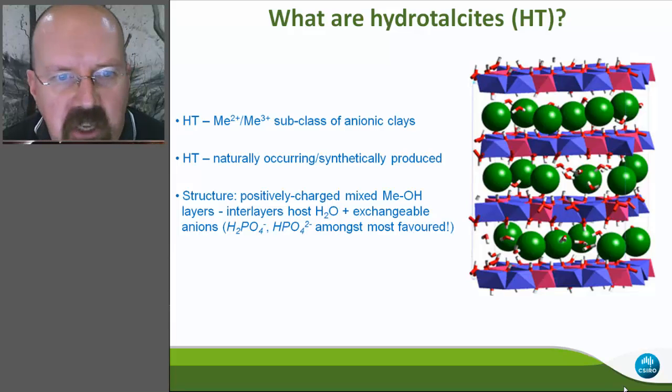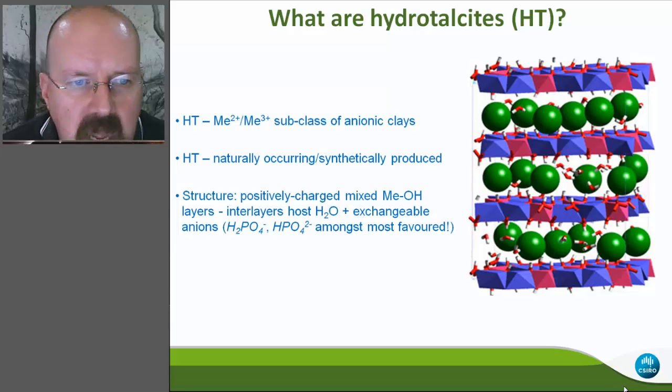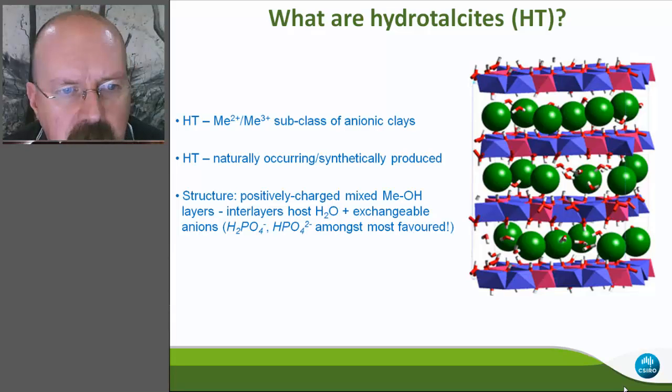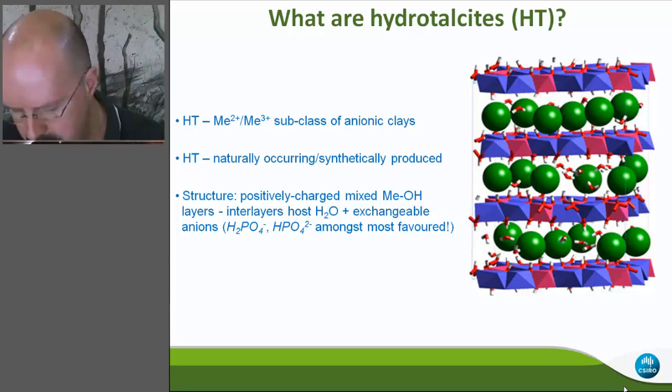The structure, as you can see on the right, is positively charged metal hydroxide layers, those layers of the purple and the pink there, like hexagons, and also between those layers are the anions, those green golf balls, and also waters of hydration. So varieties such as H2PO4- and HPO4 2- are amongst the most favoured anions that can be exchanged into these hydrotalcites. That's a really important point.